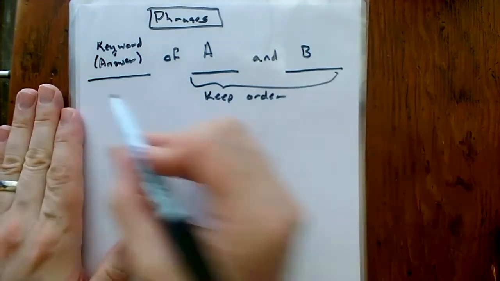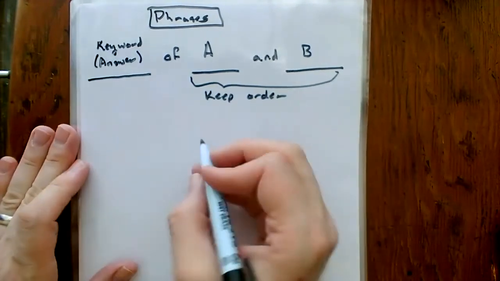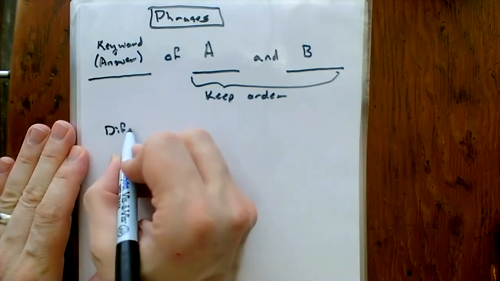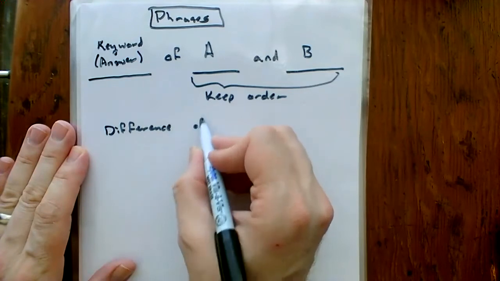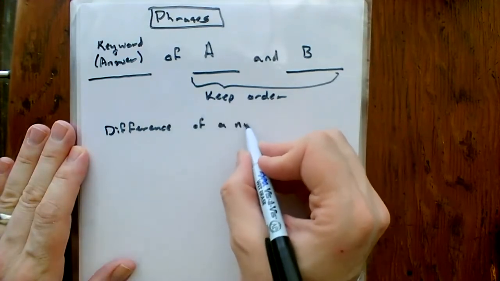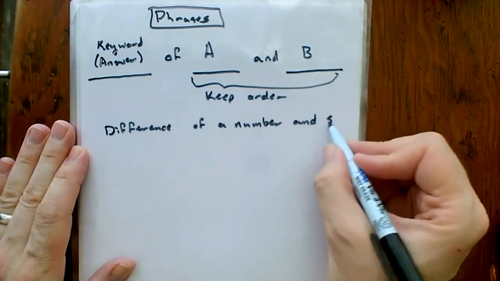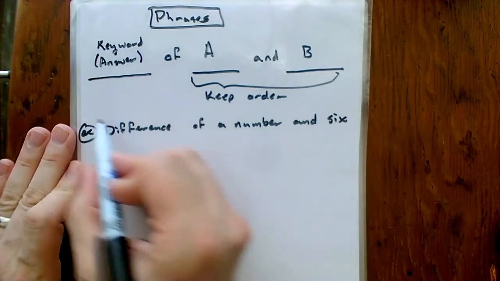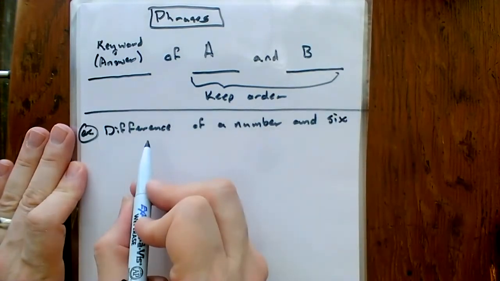Now, this is really esoteric, so let's give you some examples. Let's say we've got the difference of a number and 6. So here's our first example. The difference means that we're going to be subtracting.